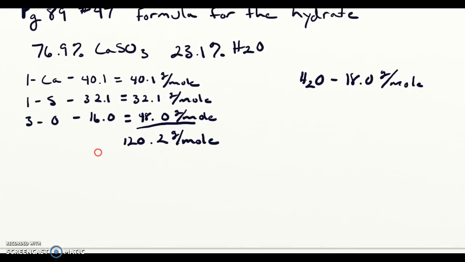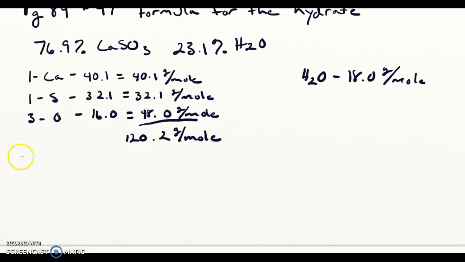So let's get started. Let's start with the CaSO3. Again, we have a percentage, and it could be a percent of any mass. But to make things easier, we're just going to say it's a 100-gram sample. So 76.9% out of 100 is 76.9 grams calcium SO3.